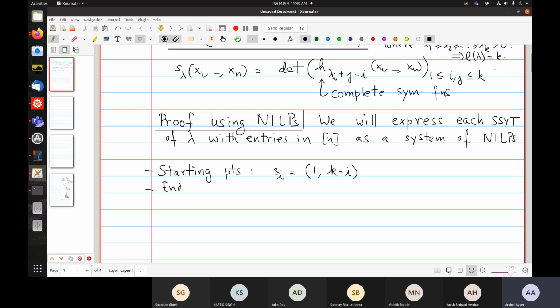Endpoints: E_j is (n, k plus lambda_j minus j), and we use, as usual, upright steps.